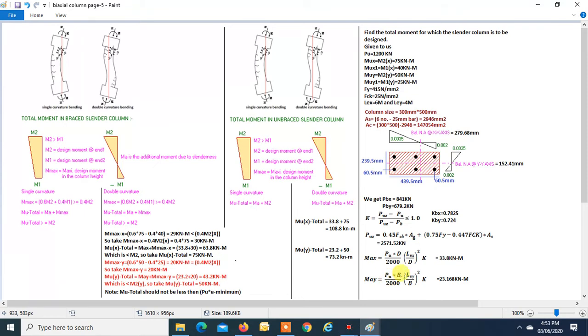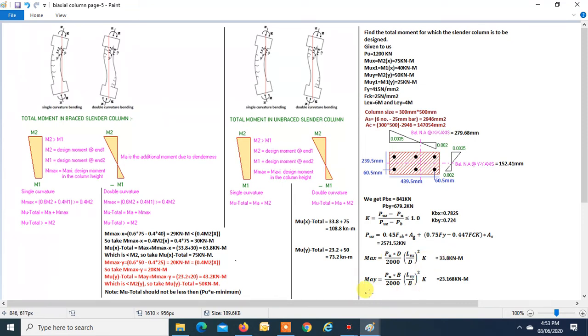So this is the formula for finding Max. Pu is known, 1200, D is 500, Lex is given to us as 6 meters, and k we know, PBX is also known. So total additional moment comes out to be 33.8 kilonewton meter.